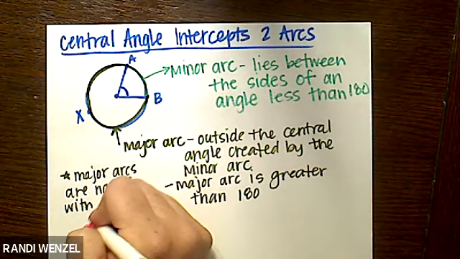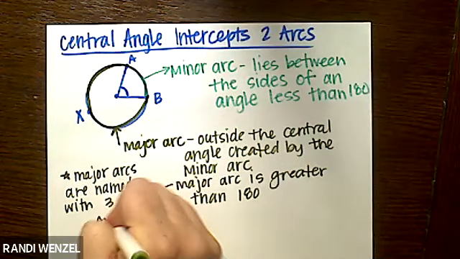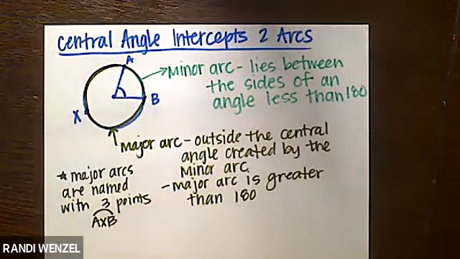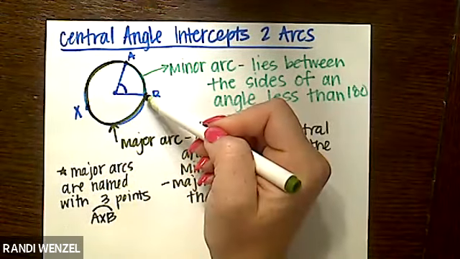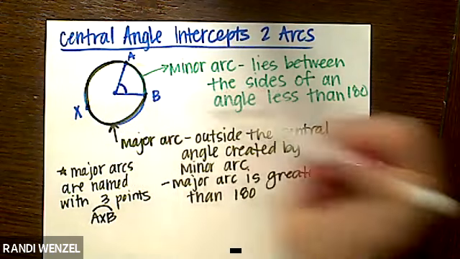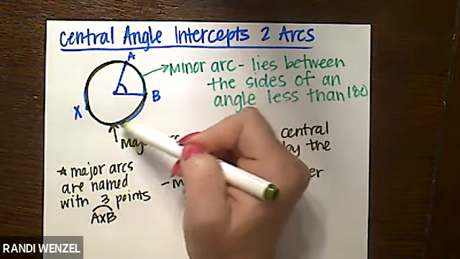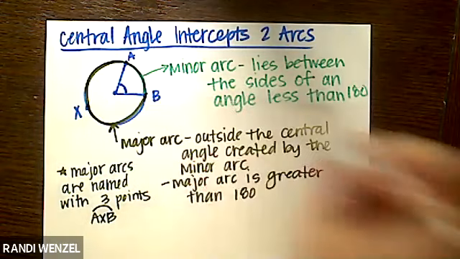Like this one would be AXB. The X is in the middle because you have to go through X to get to B. You could also name this arc BXA, but X would still be in the middle because you have to go through it to get to the endpoint.